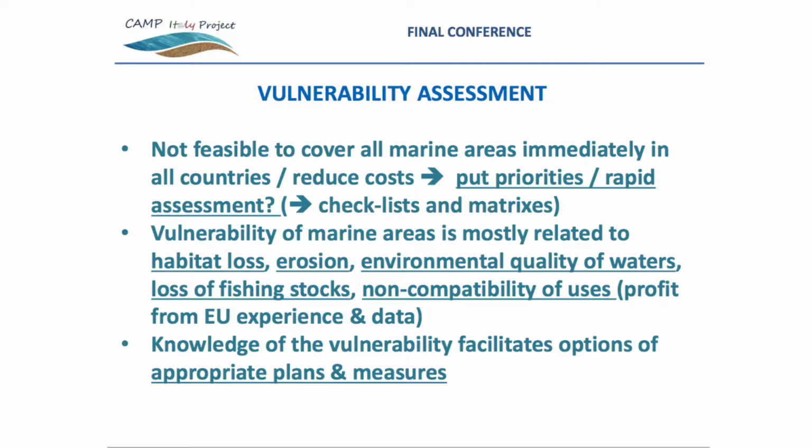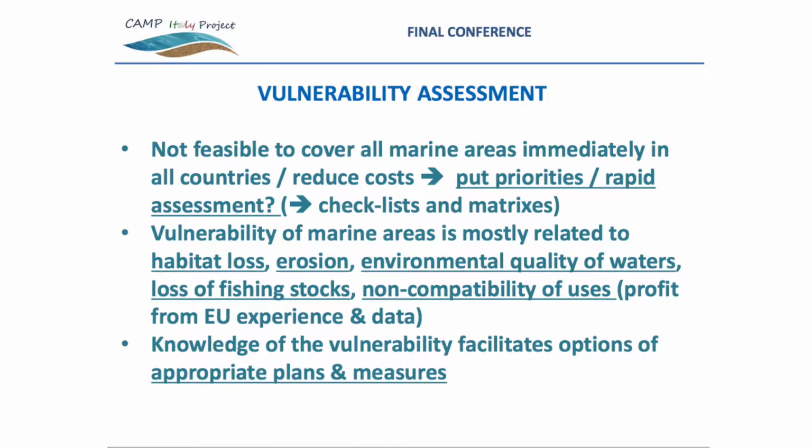But if we want to do this vulnerability assessment properly, there are some indicators, there are some elements we have to take into consideration, and these are the following: habitat loss, erosion, environmental quality of waters, loss of fishing stocks, non-compatibility of uses. And there again, we don't start from scratch because there is experience for the different elements within the EU.